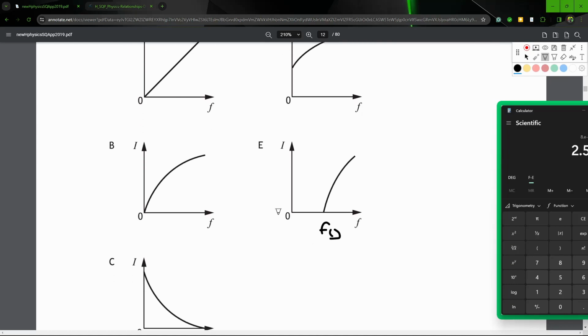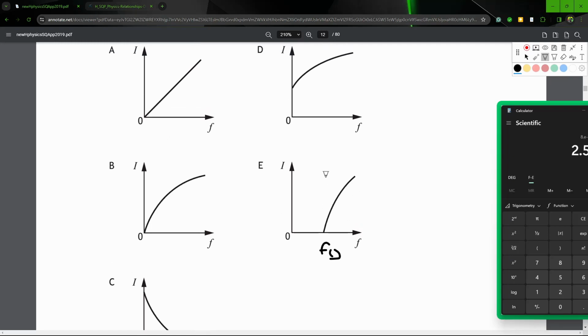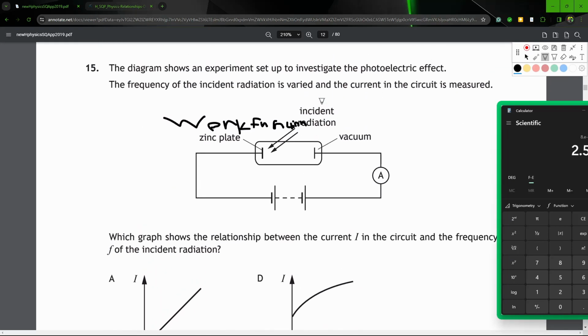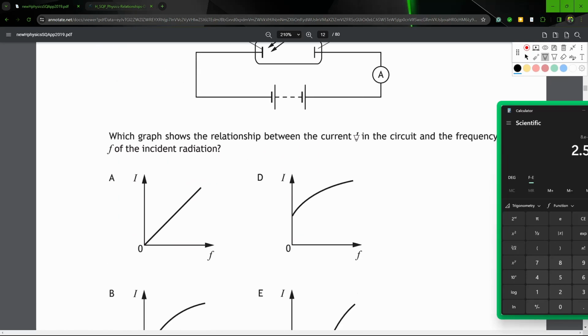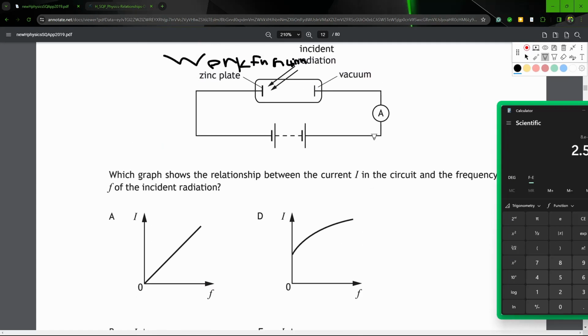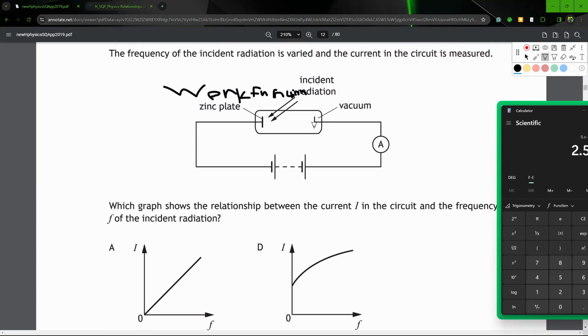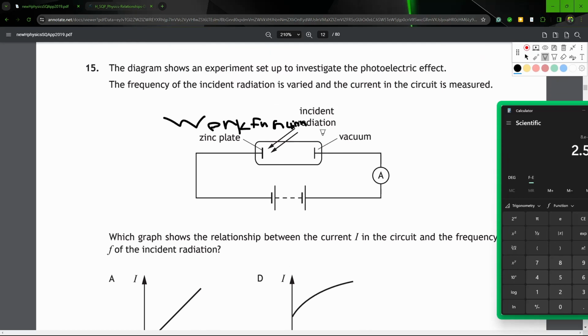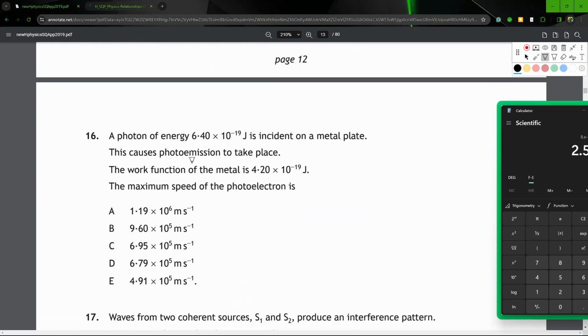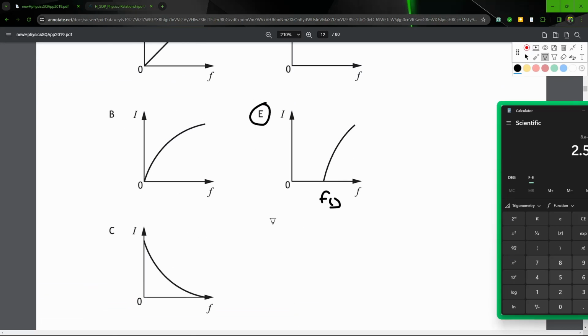But E, you see you have absolutely no current whatsoever. But then as soon as you hit the threshold frequency, it starts going up and up. When you increase frequency, you increase energy, so then there's more current because there's more electrons getting ejected. Or because they have greater energy, so they're more likely to reach the other plate. Okay, so that's 15 done. I'll just circle it, so yeah, it will be E.